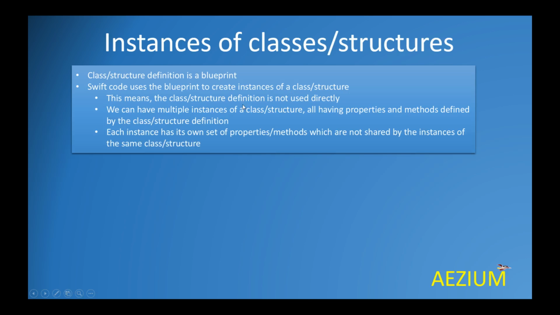As I mentioned earlier, this means that the class and the structure definition are not used directly. We can have multiple instances of a class or a structure. All of these will have properties and methods which are defined by the class or structure definition.